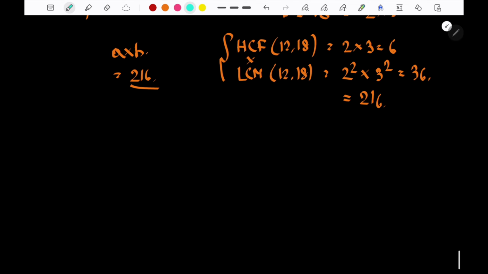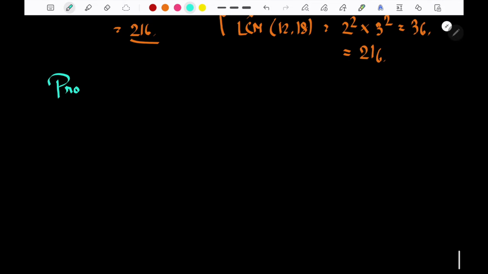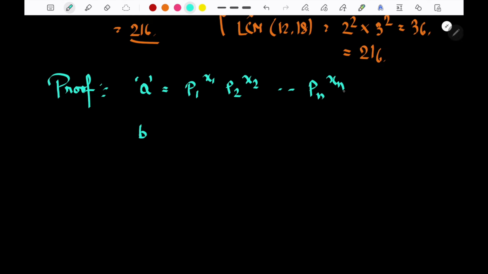Done. If you want to see the proof, children, we can do it like this. Suppose we are taking two numbers a and b. The prime factorization of a we assume is p1 to the power x1, p2 to the power x2, and this goes on to pn to the power xn. Again b can be written as p1 to the power y1, p2 to the power y2, up to pn to the power yn. I am taking just the same prime numbers. Maybe there can be something more, pn plus 1, but I am not taking it now.